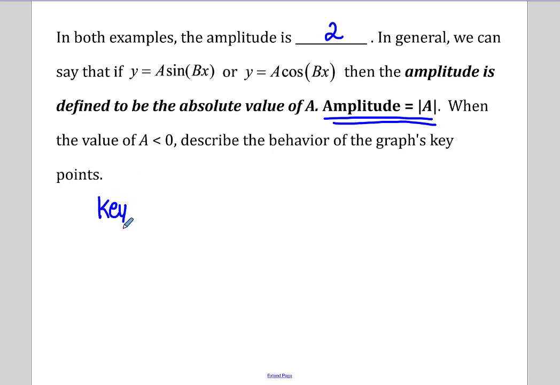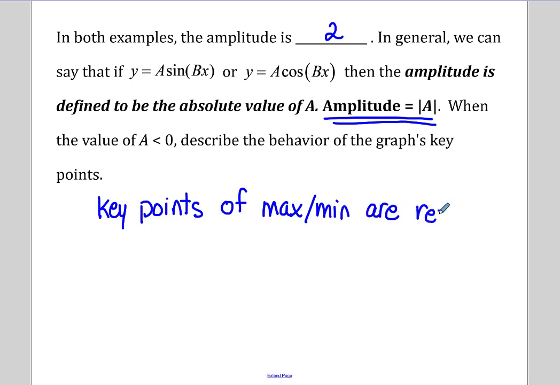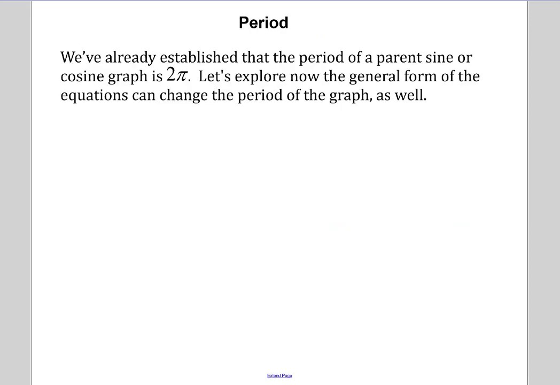The key points of the maximum and minimum are switched or reversed. What was a maximum becomes a minimum, and what was a minimum becomes a maximum. So that's one characteristic of a transformation.